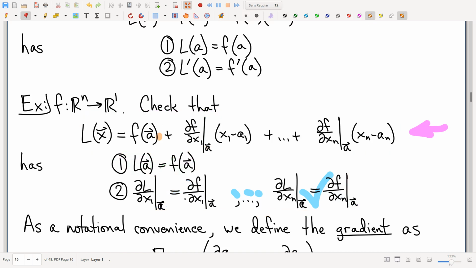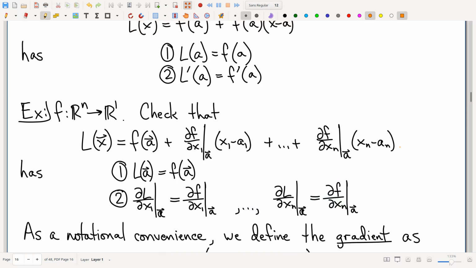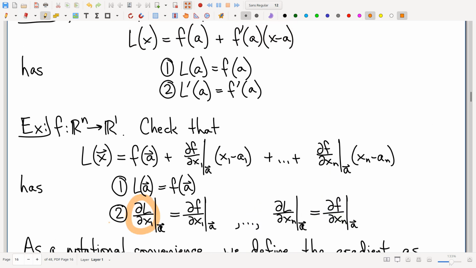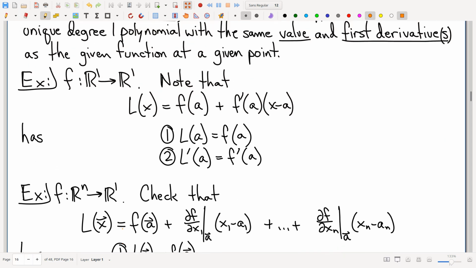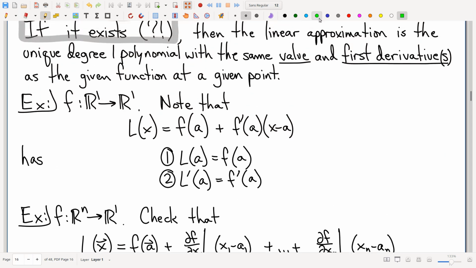It's, by the way, mostly just a matter of plugging in. The one little tricky bit is when you take the derivative to compute the various different partials of L. And for that purpose, I'm going to start by coming back up here and noticing that f prime of a right there, a lot of people misunderstand and think that this is a function.